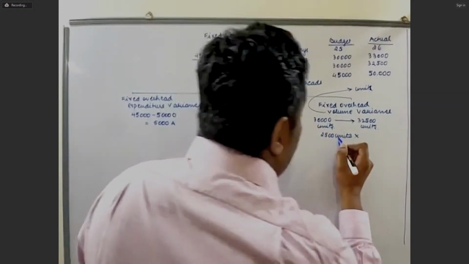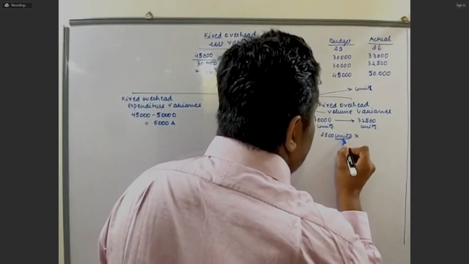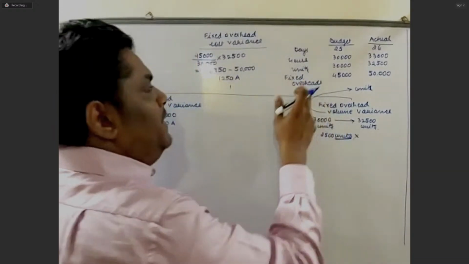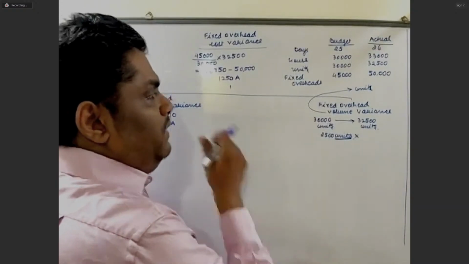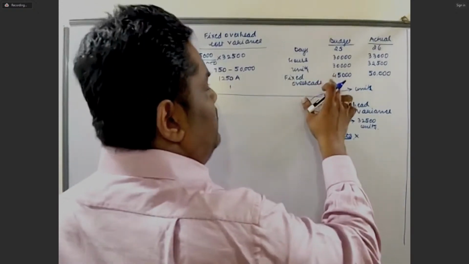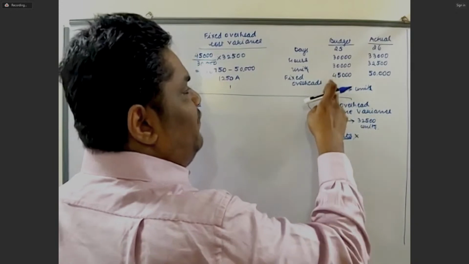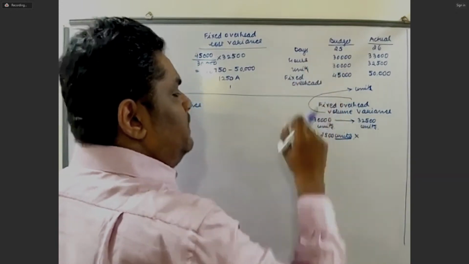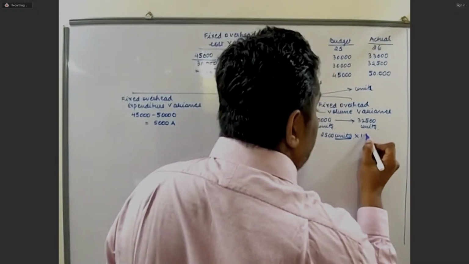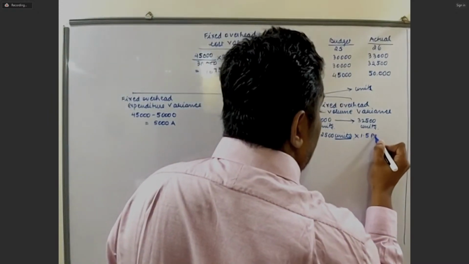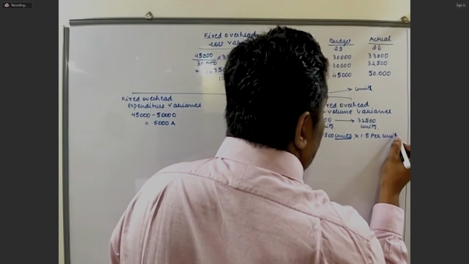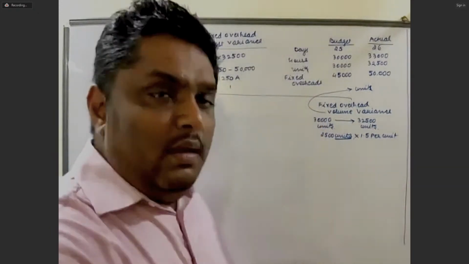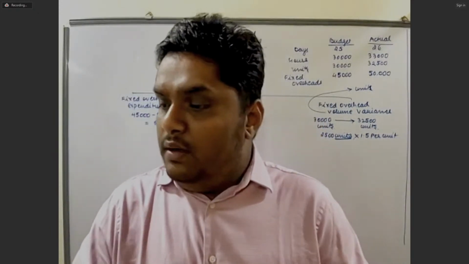Again, since it is units, we'll be applying the budgeted rate per unit. So when talking about the budgeted rate per unit, 45,000 is my fixed overhead divided by 30,000. So it will be 1.5 per unit. Let me get my red marker. One second.